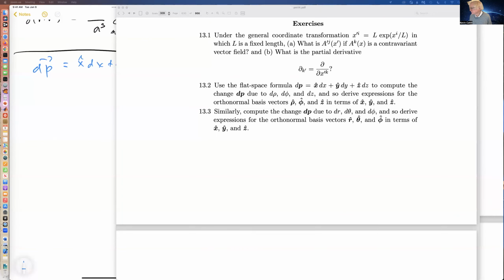And so the basic vector, or the basis vector E, that was supposed to be an E, but I was thinking rho, so let me undo it. E rho is then the partial of the point with respect to rho.